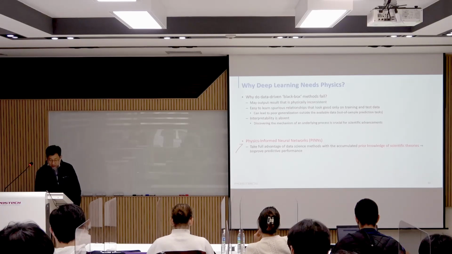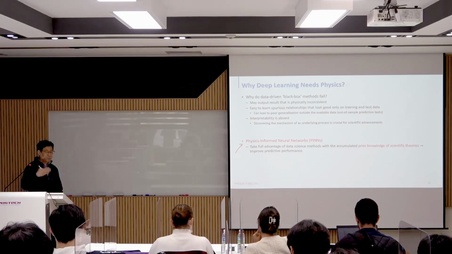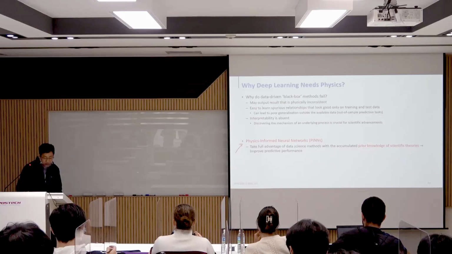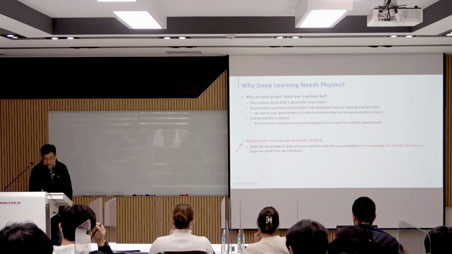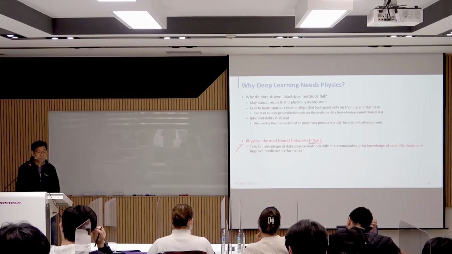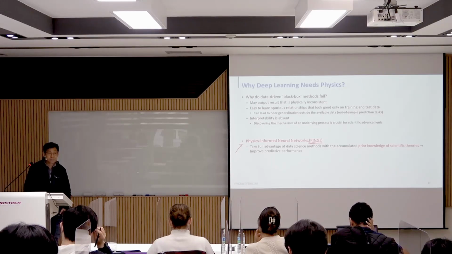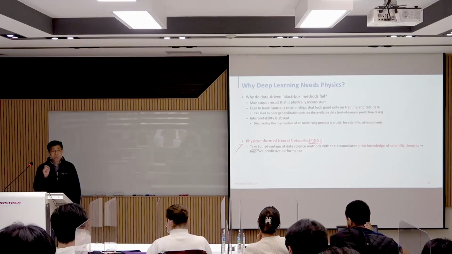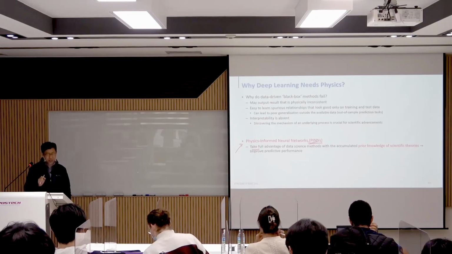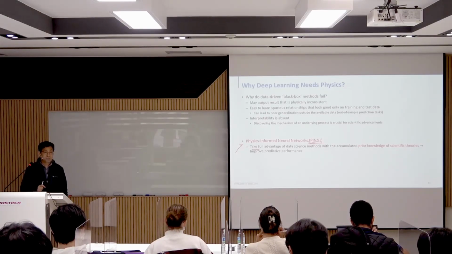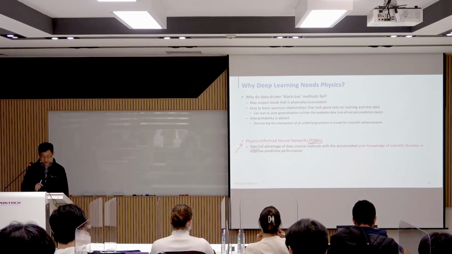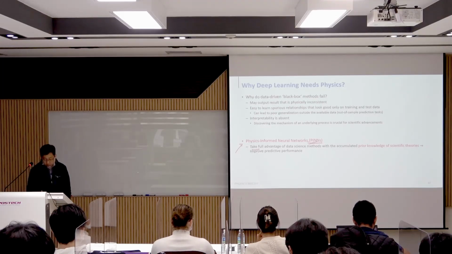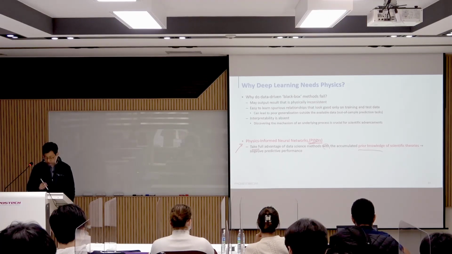Okay, that's why here I'm trying to share with you the physics-informed neural net. We call it PINNs, or PINN. The idea is to take full advantage of data science methods or data analytics together with the accumulated prior knowledge of scientific theories.